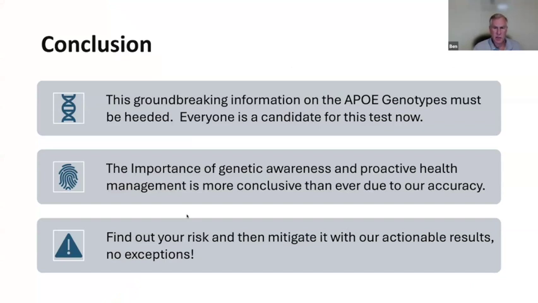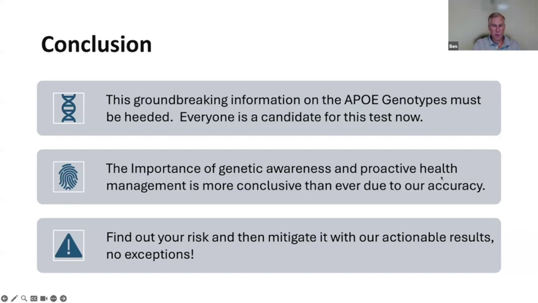So this groundbreaking information must be heeded, and everyone you know is a candidate for this test now. And it's important to know this: there's no drug for having APOE4. There's no good drug for early onset Alzheimer's. There's no good drug for Alzheimer's disease in general.